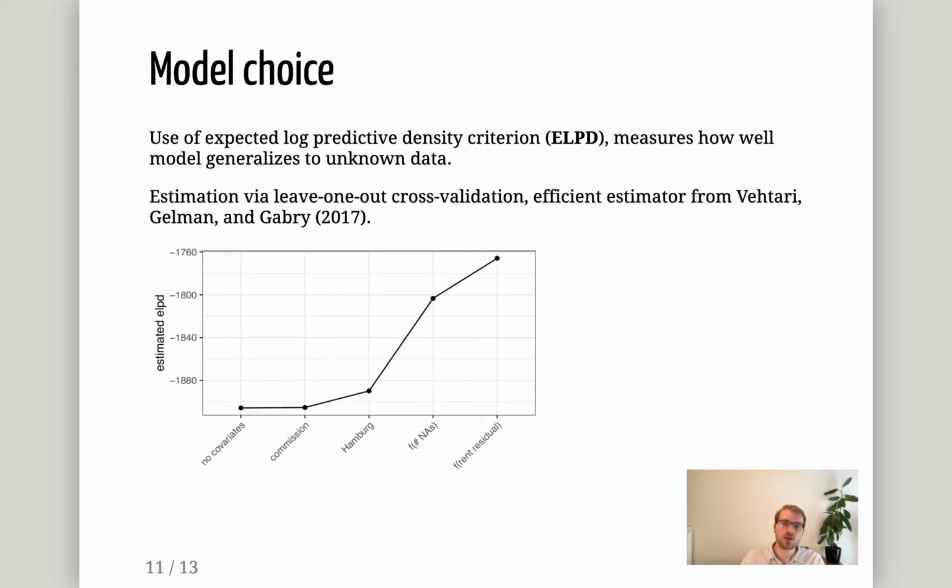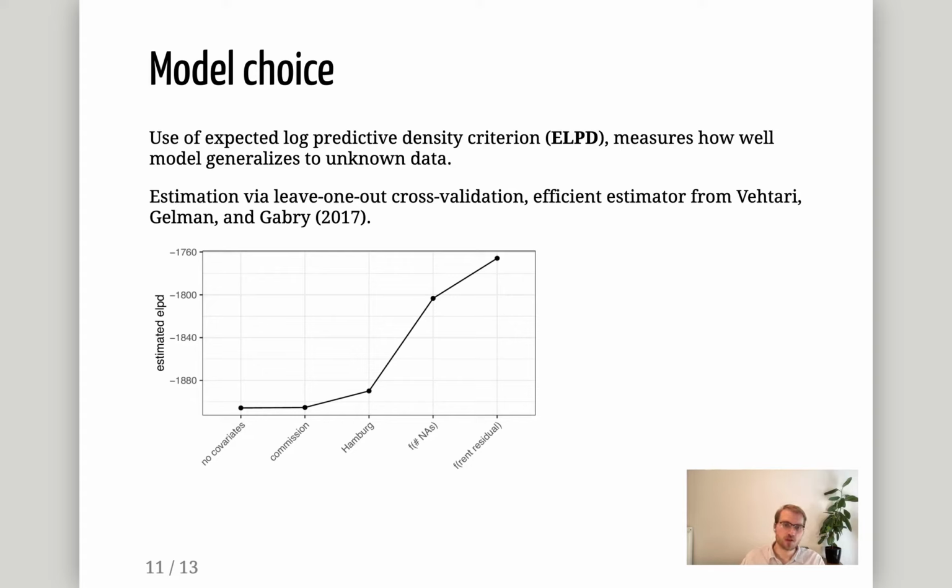For model choice, we use the expected log predictive density criterion. This is a measure for the generalizability of a model to unknown data, that is, for data which we haven't actually seen. This can be estimated using leave one out cross-validation.